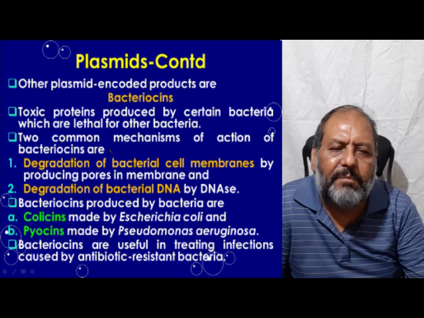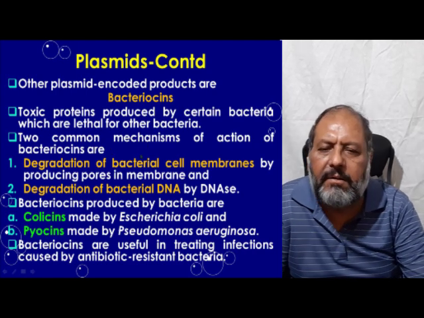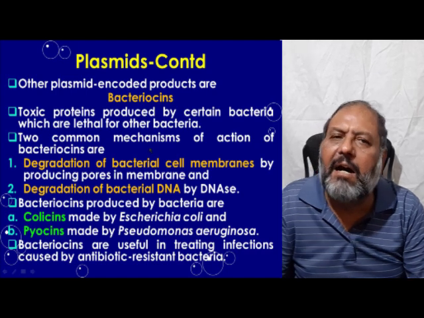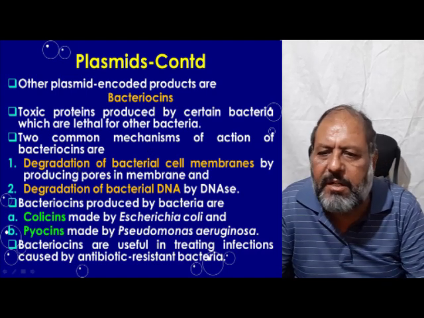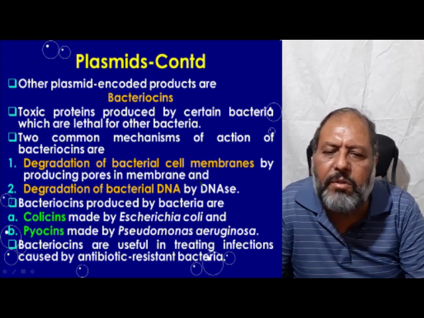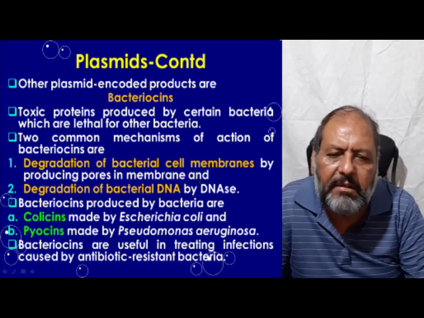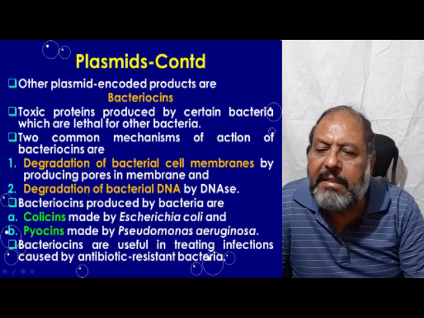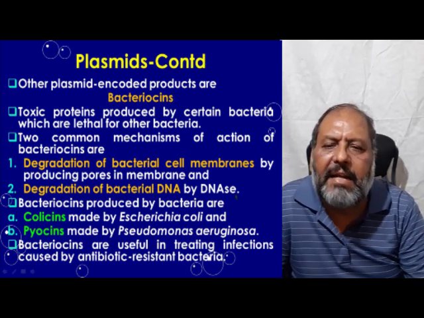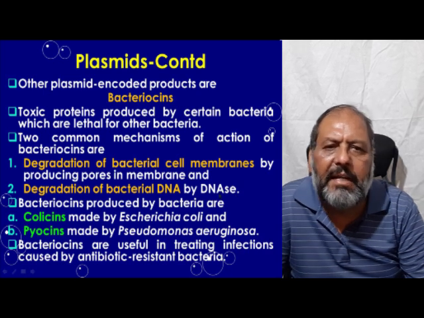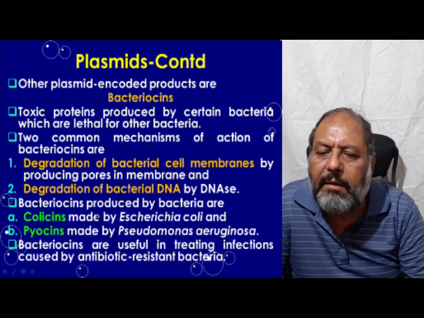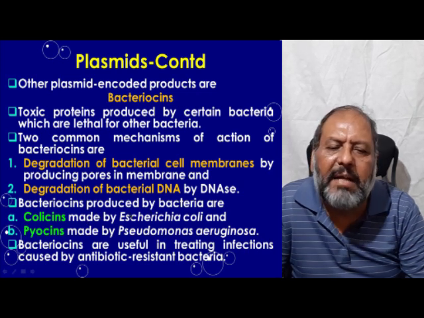Two common mechanisms of action are degradation of the bacterial cell membrane by producing pores in the membrane of the cell they attack, and degradation of the bacterial DNA by DNA-degrading enzymes that destroy the DNA of the other bacteria.